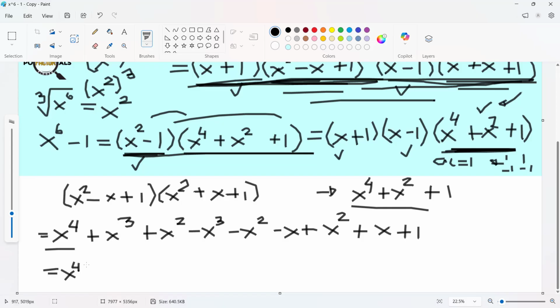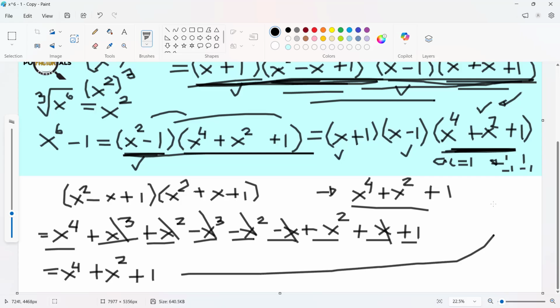The x cubed terms are simplified. The x squared minus x squared is simplified, but you also have another x squared here, so you have plus x squared. You'll have minus x plus x, they are now cancelled, and you are left with the remaining term plus 1. As you can see, the product of those two trinomial expressions using the first method is just equal to the lone trinomial expression in the second method.